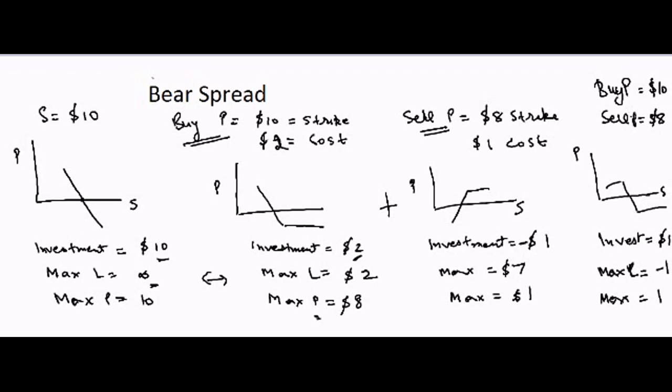We will gain $2 from that, but because we invested $1, we'll have a maximum profit of $1. So as you can see, we did bet on the decrease in the stock price. We lower our risk, and we also lower our investment.